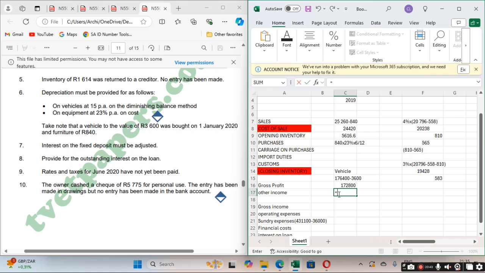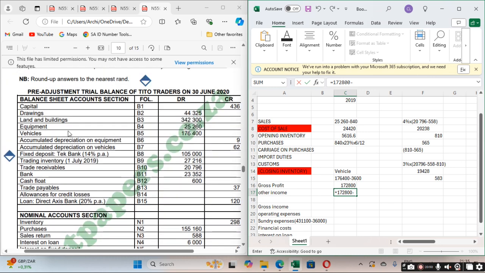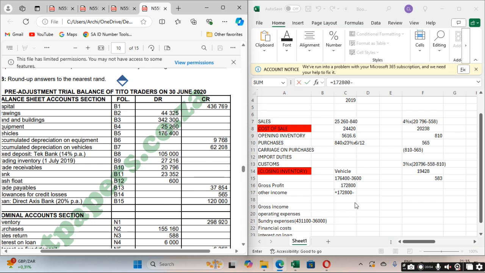So we say 172,800 minus accumulated depreciation. What is our accumulated depreciation? Accumulated depreciation on vehicle, which is the 62,208. We minus the 62,208 to get what?